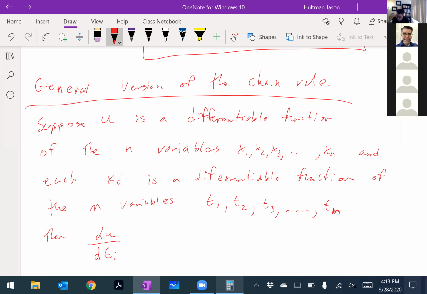Maybe this is your s, maybe this is your t, maybe this is your w, maybe this is your r, whatever. So that's what it's saying here. We're saying du/ds, du/dt, du/dw, du/dr. How do we find any of those?